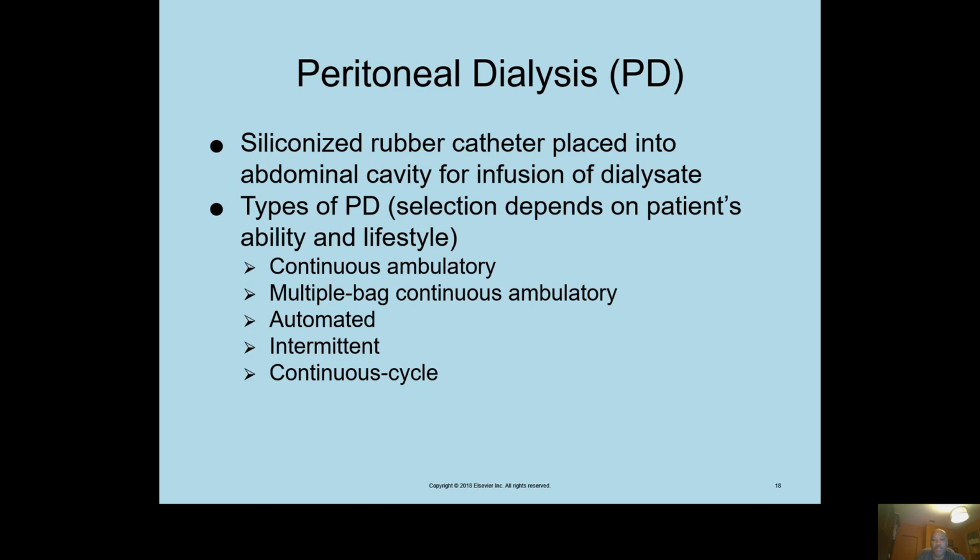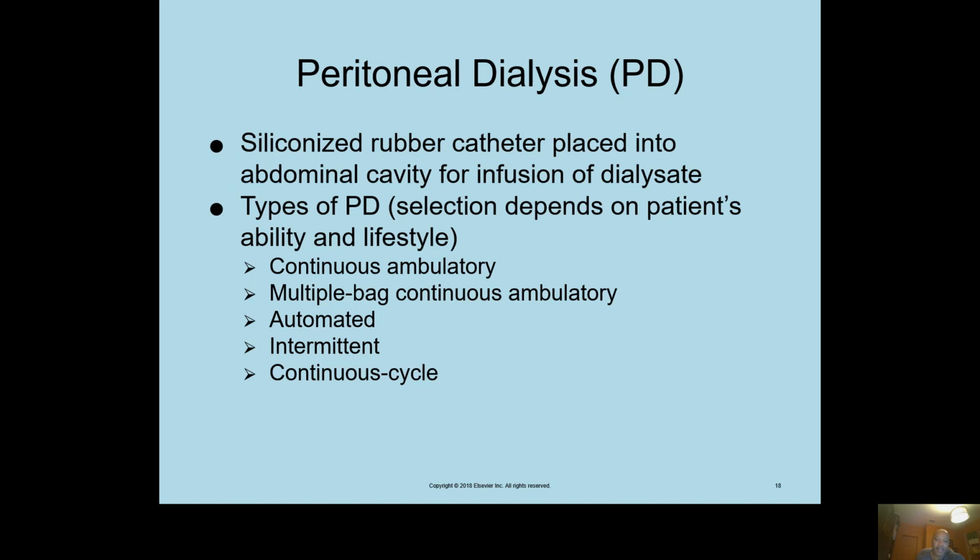Now, fluid and waste products dialyzed from the patient move through the blood vessel walls, the interstitial tissues, and the peritoneal membrane. All of this is removed when the dialyzing fluid is drained from the body. Remember that outflow that I talked about.